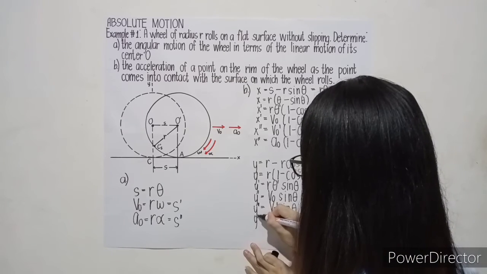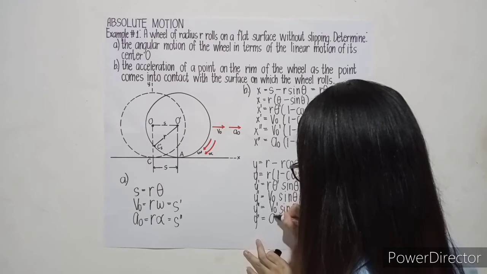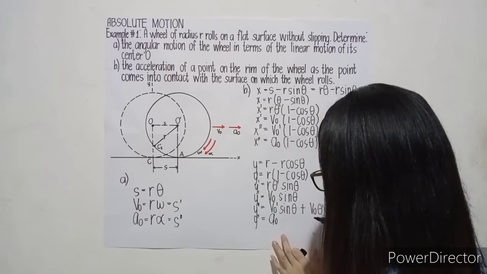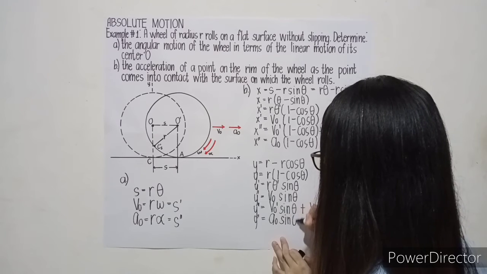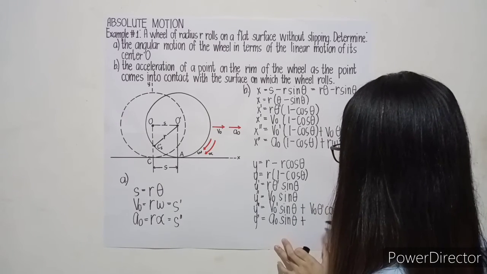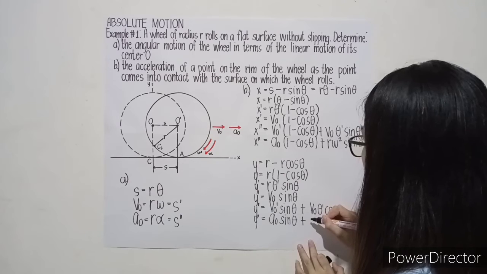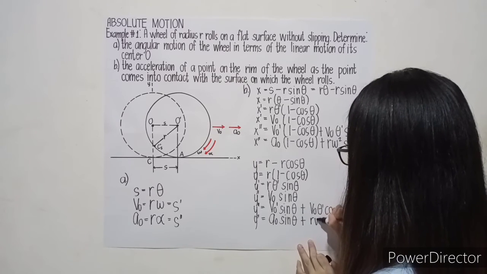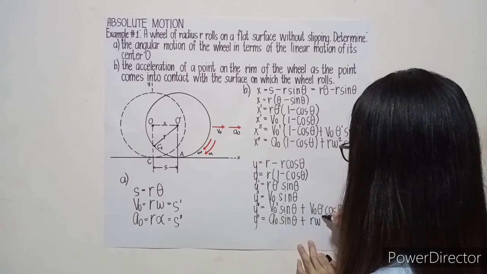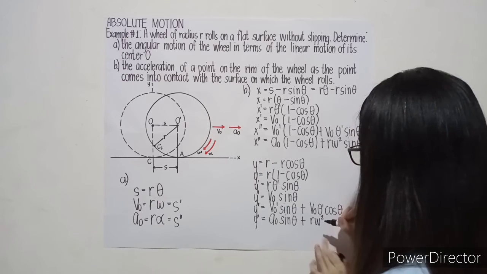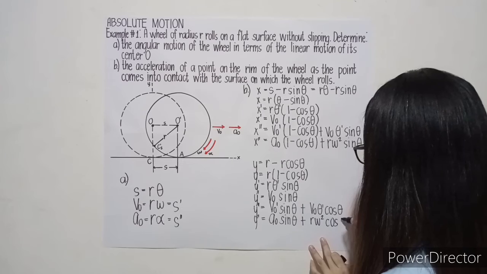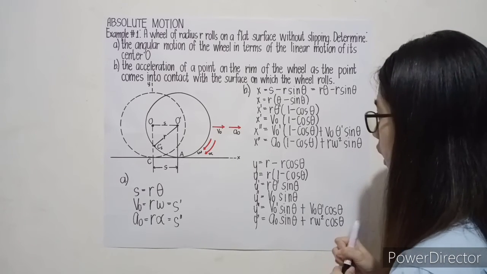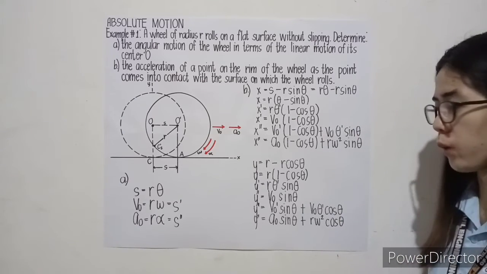And then y double prime, the acceleration at O multiplied by sine theta plus r multiplied by the angular velocity squared multiplied by cosine theta. So this is for coordinate y.